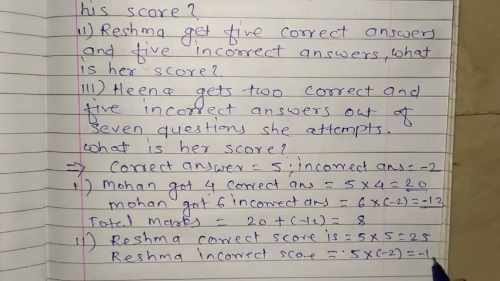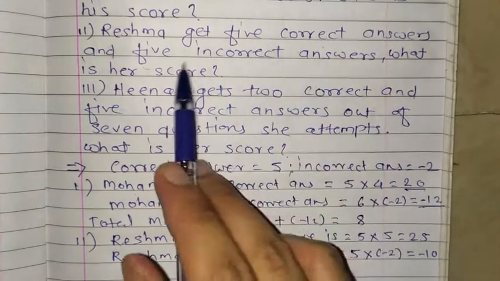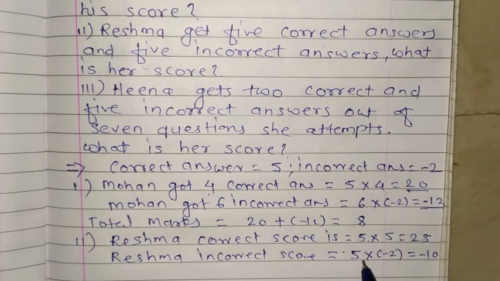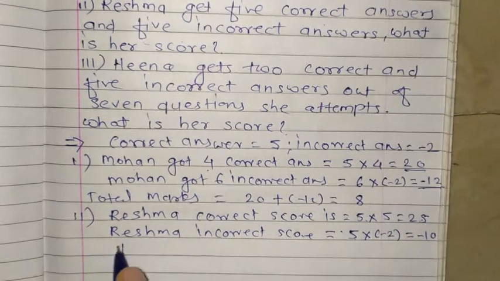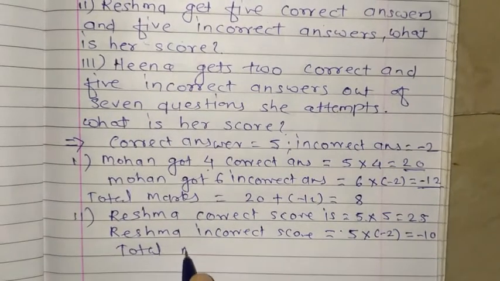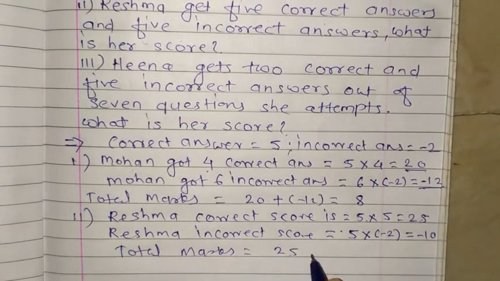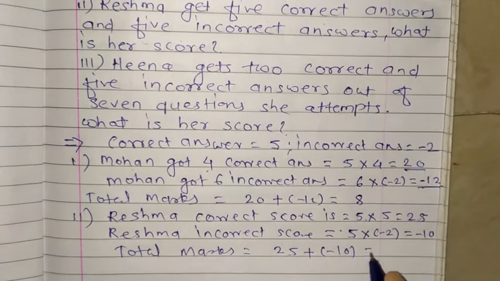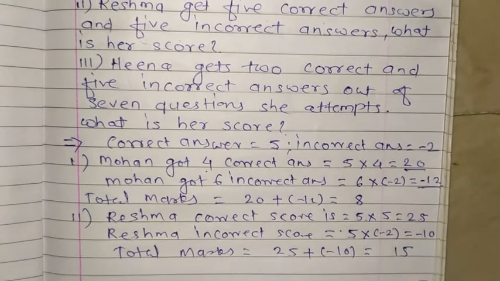So it is -10. Once again we see 5 correct and 5 incorrect: for correct 5 into 5 is 25, incorrect 5 into -2 is -10. So next one is total marks, or you can write total score. So 25 plus, we are counting marks, so it is plus -10. So it is 15. So Reshma's score is 15.